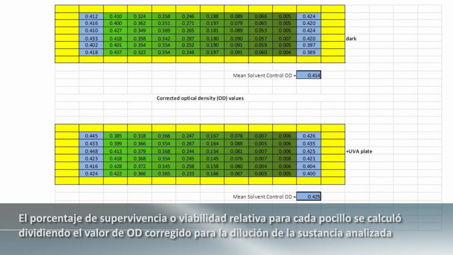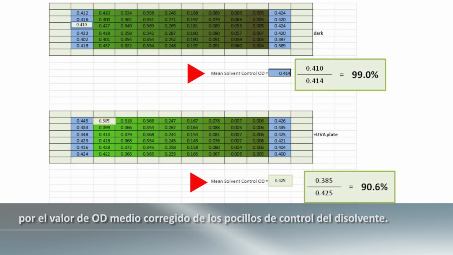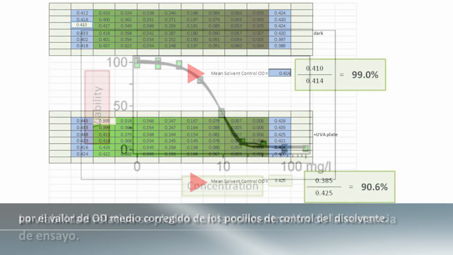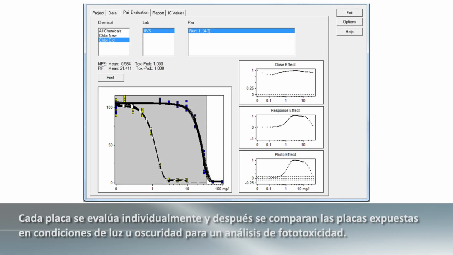The percent survival, or relative viability, for each well was calculated by dividing the corrected OD value for the test substance dilution by the mean corrected OD value of the solvent control wells. The relative viability was plotted against the test substance concentration. Each plate is evaluated individually, and then the light and dark exposed plates are compared for a phototoxicity analysis.